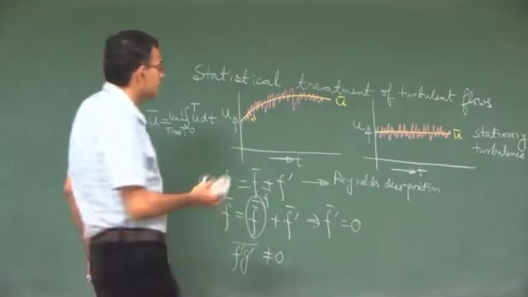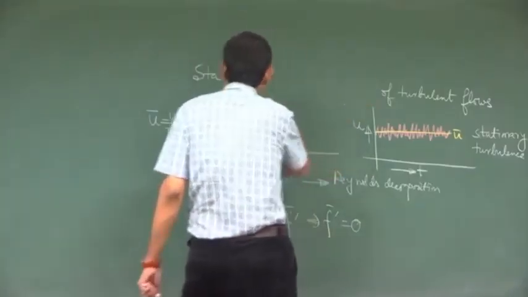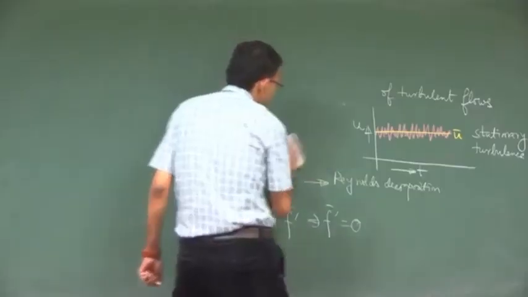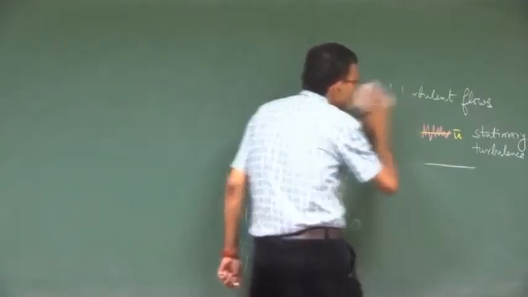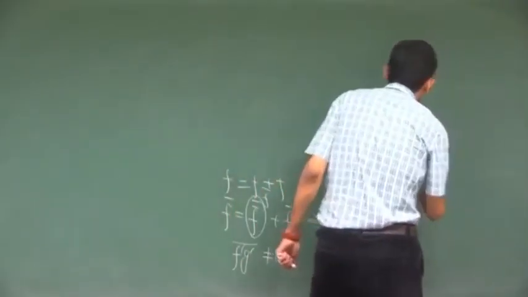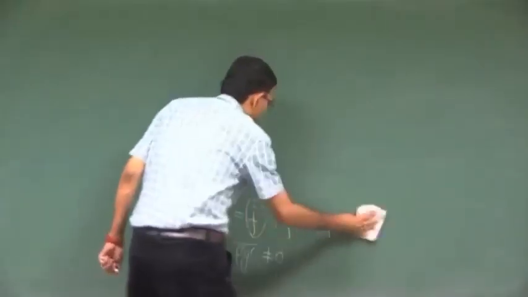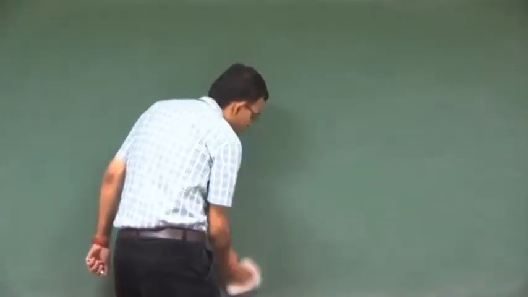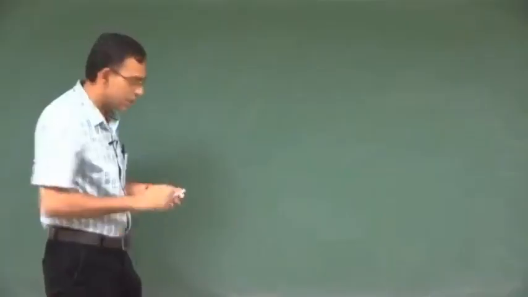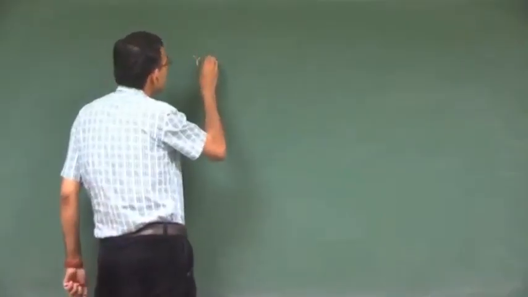So with this little bit of background on the statistics of turbulent flow, we will define a few other important terminologies. For example, RMS, say RMS of u, or root mean square.